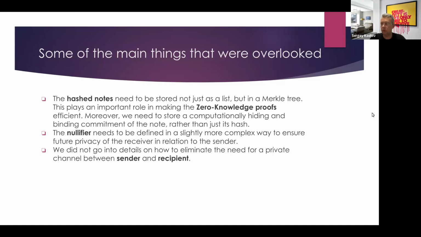Our approach to the explanation is quite simplistic. Even though you might think that it's complicated, it's not everything. In the real Zcash technology, it works in an even more complicated way. So the hash nodes need to be stored not just as a list, but as a Merkle tree.